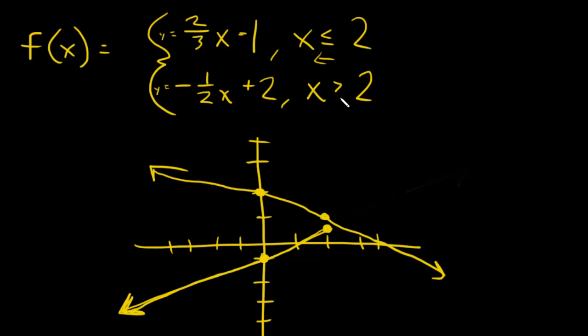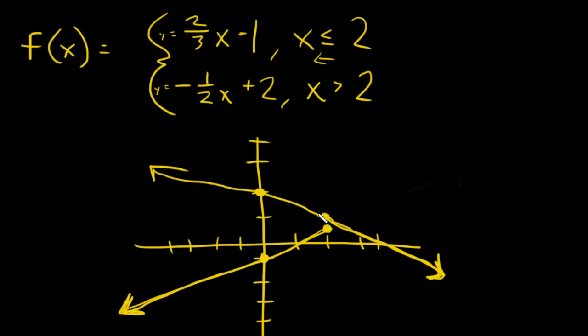Now where does it live? Well, it lives for all values that are greater than 2 but not equal to 2. Well, right here is at x equals 2. And so it's going to live on all these values, but it is not going to actually equal the value 2.